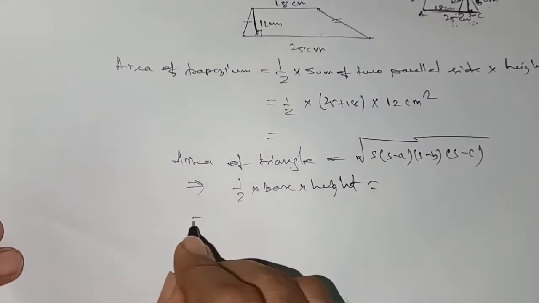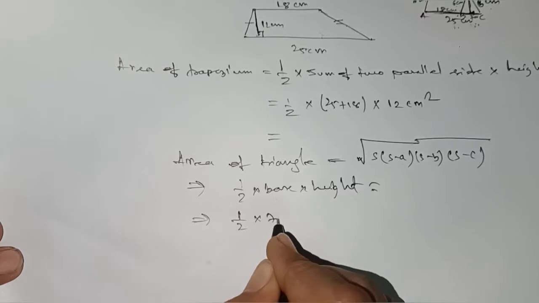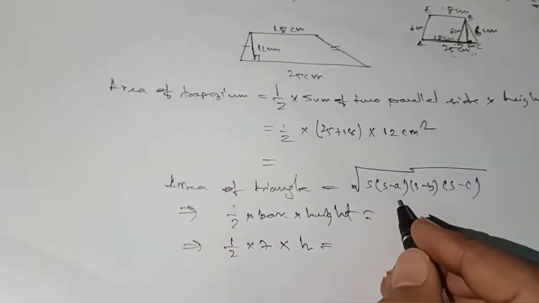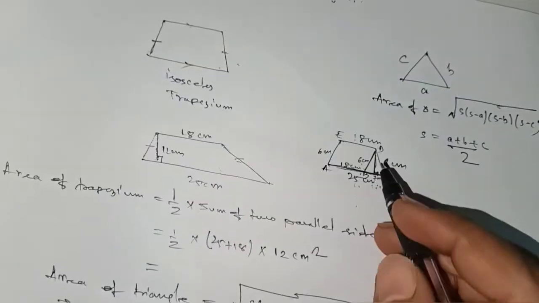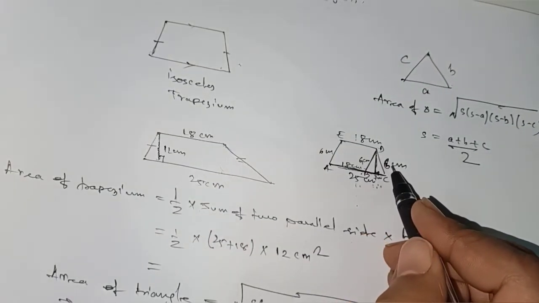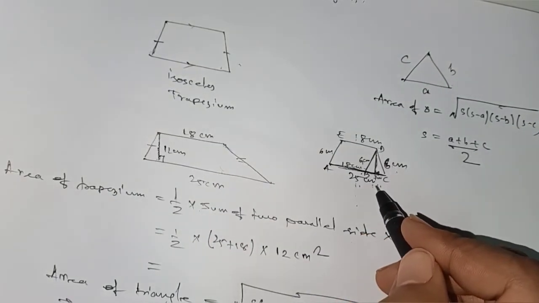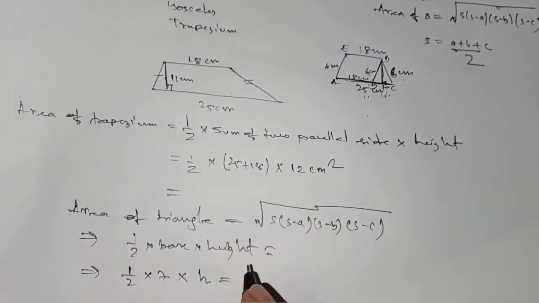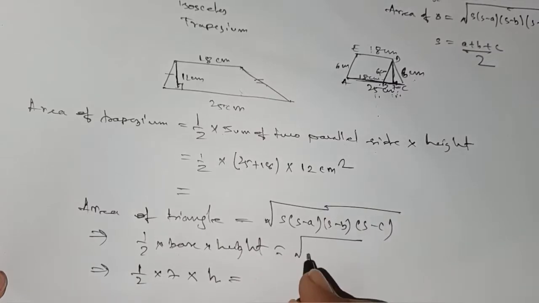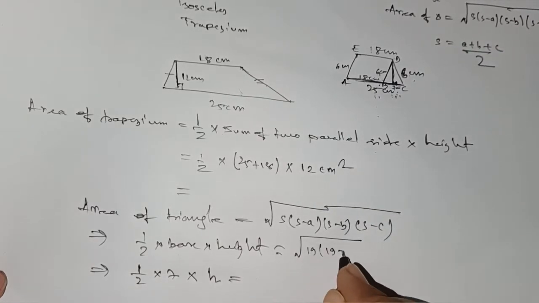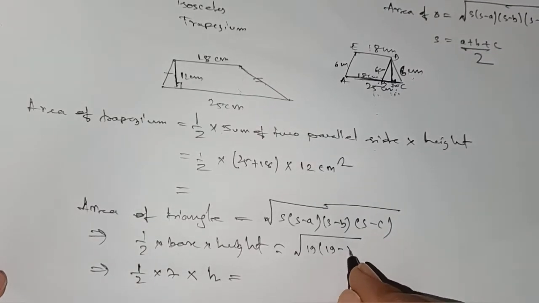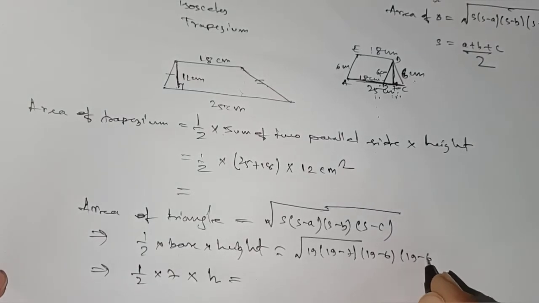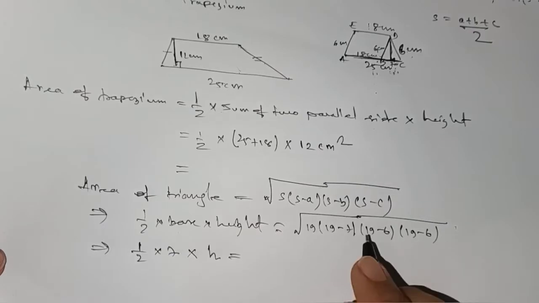So we substitute half into 7 into height, and here if we add 6 plus 6, 12 plus 7, we get 19. So root over 19, 19 minus 7, 19 minus 6, 19 minus 6. So here we are getting this one.